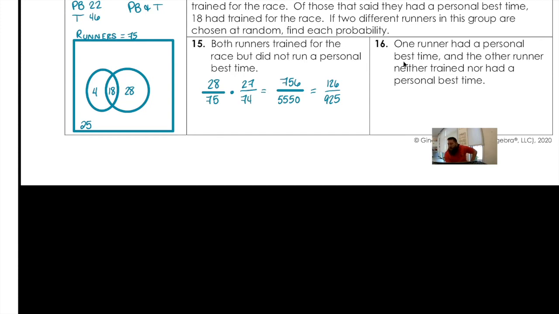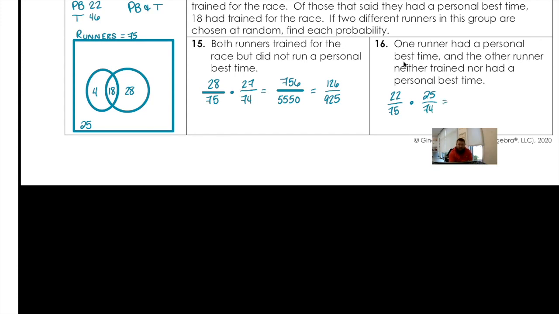All right, what is the probability that one runner had a personal best? 22 had a personal best out of the 75. And the other runner neither trained nor had a personal best. So that's our 25 slackers down there in the bottom. Remember, we found one already.